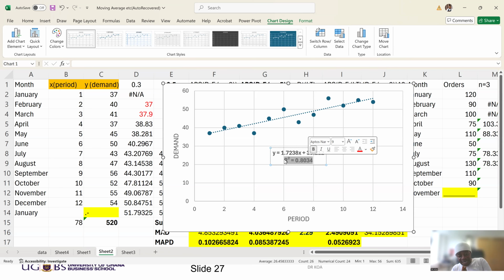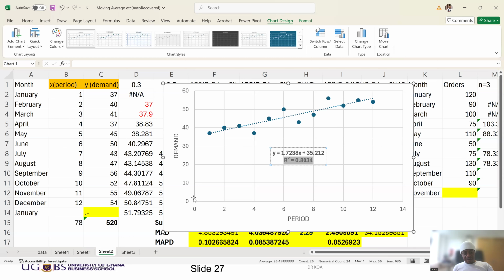So the fact that it's 80% here means that 80% of the variability within the demand has been explained by the time period. That's what it means. And of course, there are several statistical analyses that you have to do. So it's not just looking at a thing, but also making sense of what you're looking at.